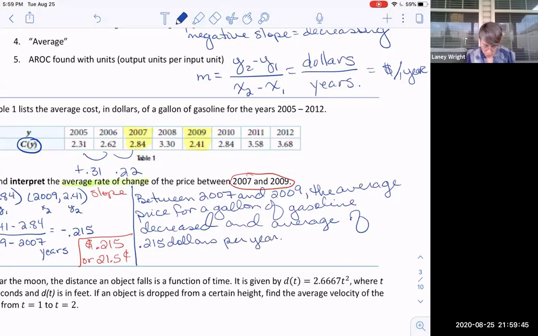Now, if you want to put $0.215 per year, I would accept that as well, because you do have the units of the dollar, you do have the per year.